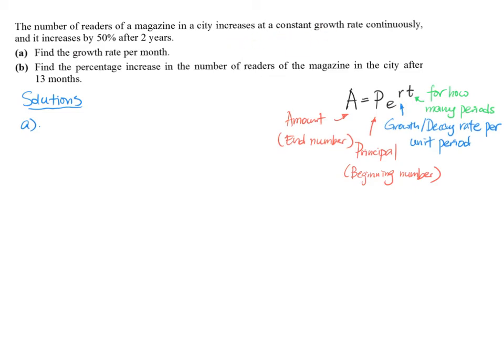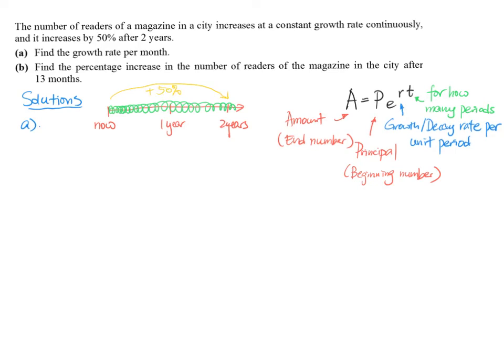Okay, let's clarify this. Now let's say this is the timeline. When we talk about it growing continuously, that means it keeps growing like that. But what this 50% means is when I compare this moment to the moment now, there is an increase of 50%.